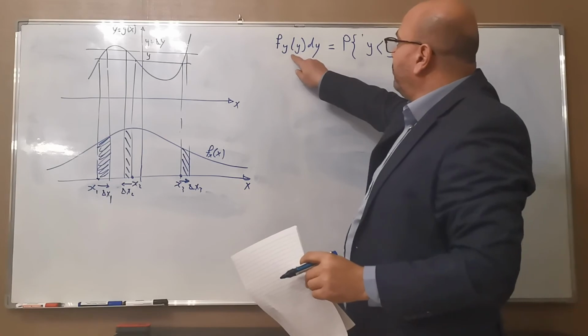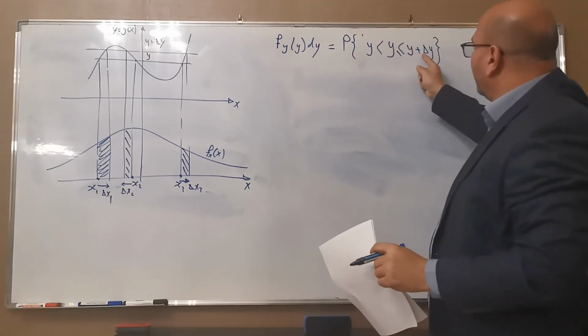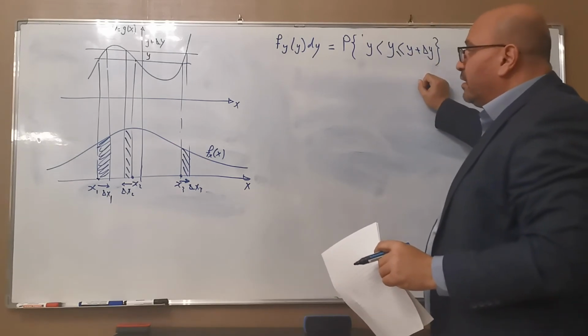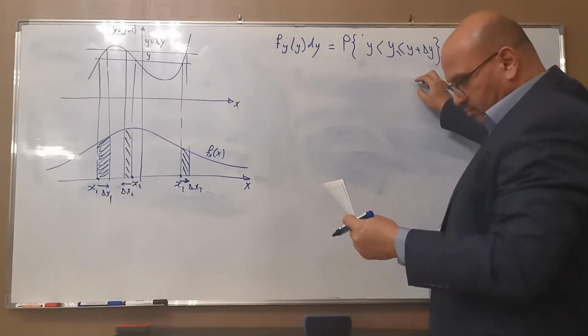So f_Y(y) times dy is equal to the probability between y and y plus delta y, this infinitesimal length of y.